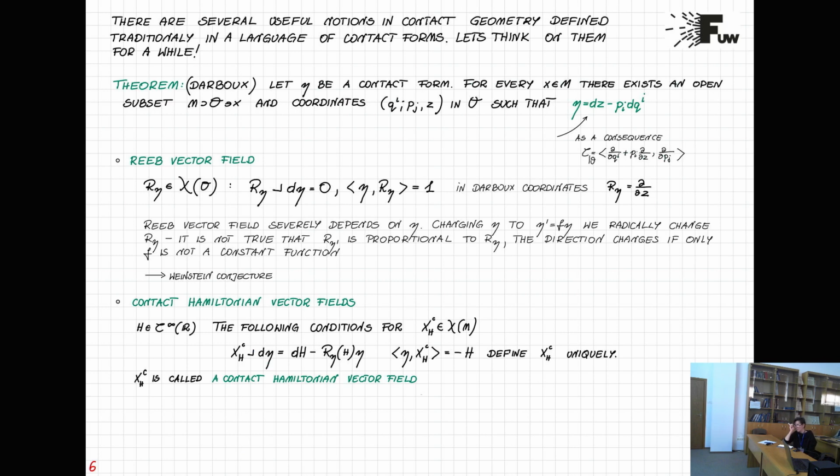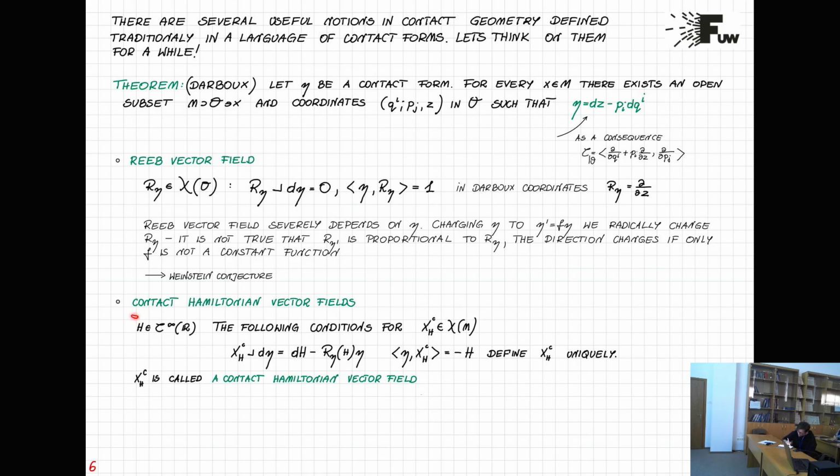introduce another notion that will be very important for our second lecture, contact Hamiltonian vector fields. And this is the notion that we will be thinking of probably to the very end of the lecture, because they're useful tools, those contact Hamiltonian vector fields. As you can see, the definition is a little bit similar to the symplectic Hamiltonian vector fields.